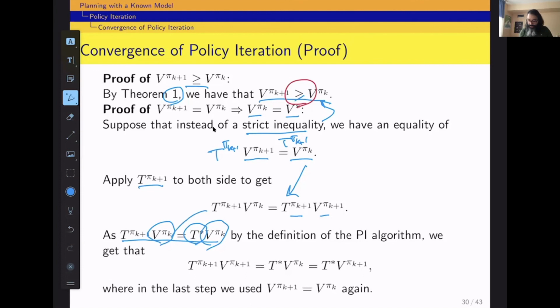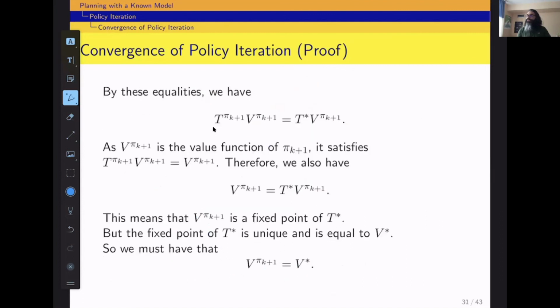So here, T pi k plus 1 of V pi k plus 1, using this identity, would be equal to T star V pi k, which is T star V pi k plus 1. And this step is because by assumption, these two things are the same at that step. So V pi k plus 1 is equal to V pi k. So I could do this last step.